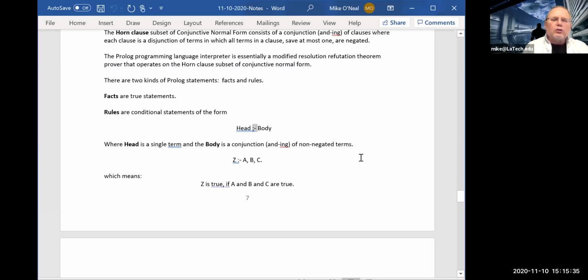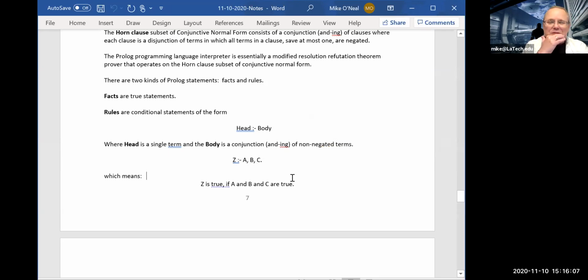So that colon hyphen means if. So conclusion if premise, head if body. Instead of saying if A and B and C are true, then Z is true, you would write Z if A, comma, B, comma, C. The commas mean and. So you have facts and you have rules. Z if A and B and C.